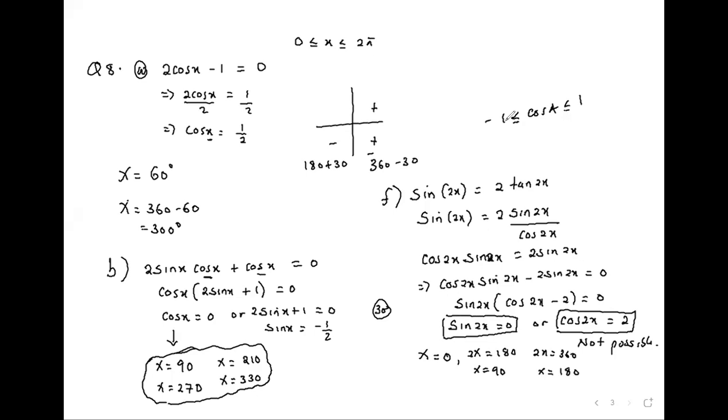We can also pick angles outside 360 because when we divide them, we come back within range, like 180 plus 360.